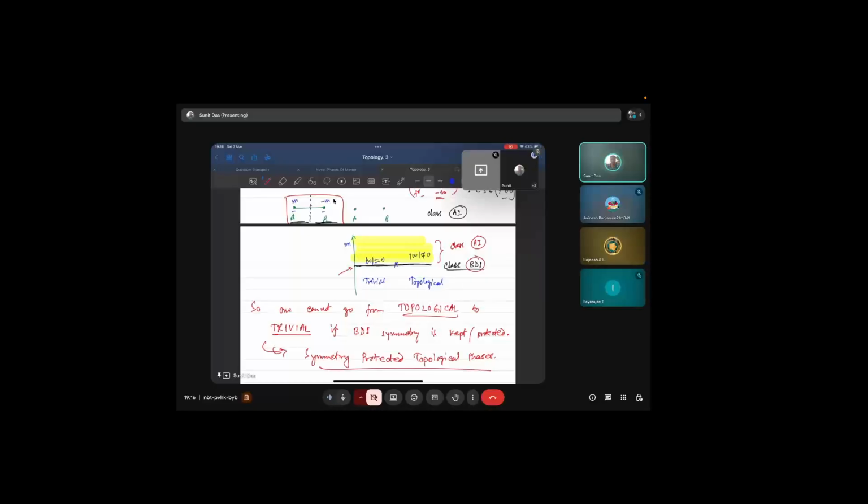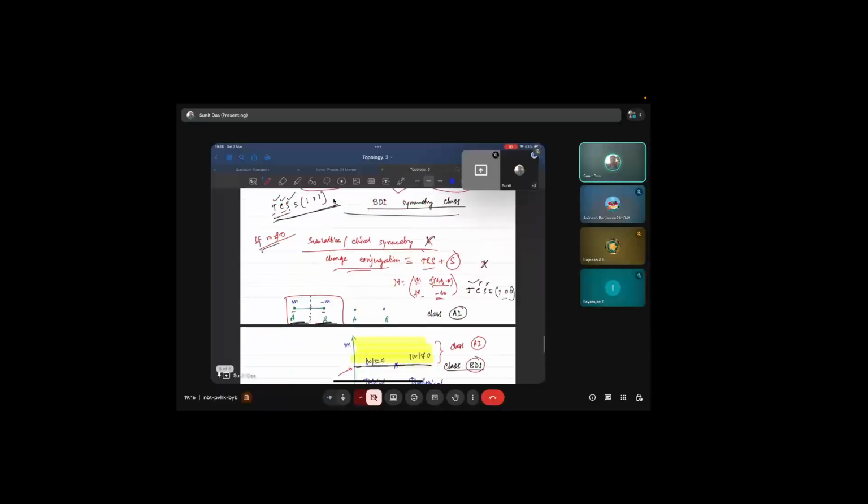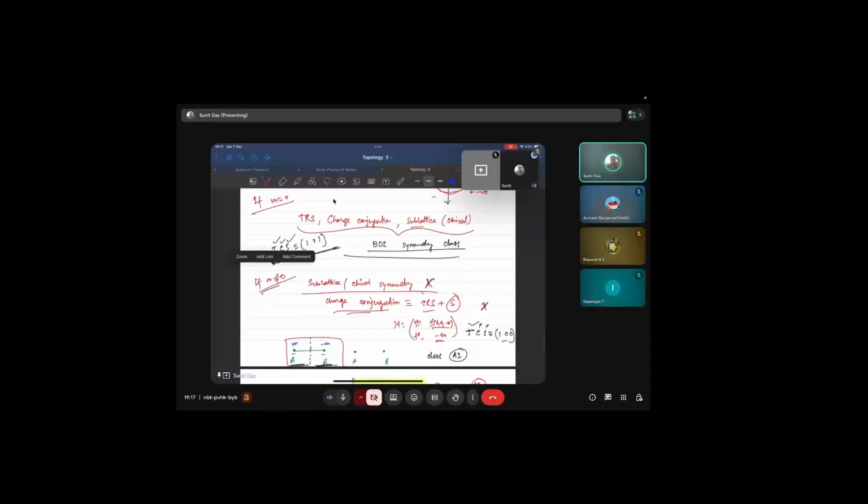So the more useful systems will be the BDI class systems. Yes, this is one of the cases actually. There is a tenfold classification, with many other symmetry classes. If these three symmetries are there, time reversal, charge conjugation, and chiral, it falls into the BDI class.